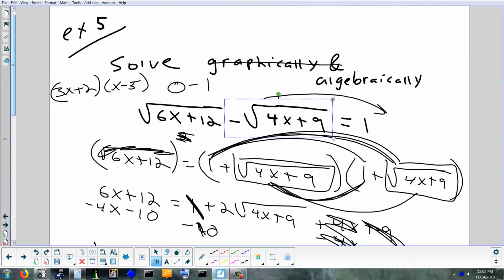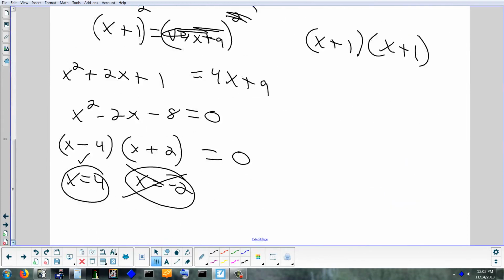Is 0 minus 1, 1? No. That answer didn't work. If you forgot to cross that out, you'd lose a point. You wouldn't get the whole thing wrong, but you should just remember to cross it. Okay. So that's the hardest kind of root problem we have. Okay, the 2 roots.